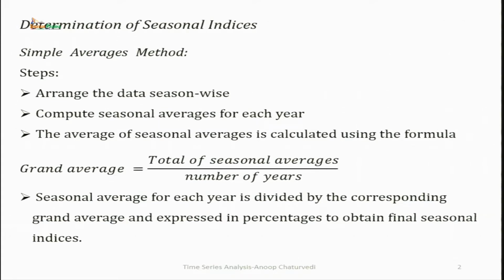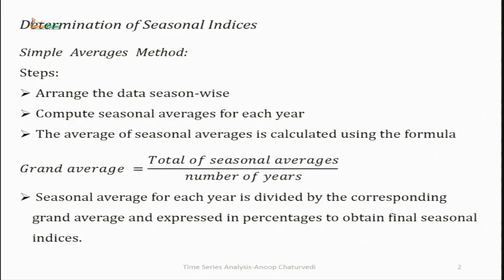Then you compute averages of all the seasons for each year, that is, all the quarters for 2011, 2012, etc. Then the average of seasonal averages is calculated using the formula: grand average equals total of seasonal averages upon number of years.